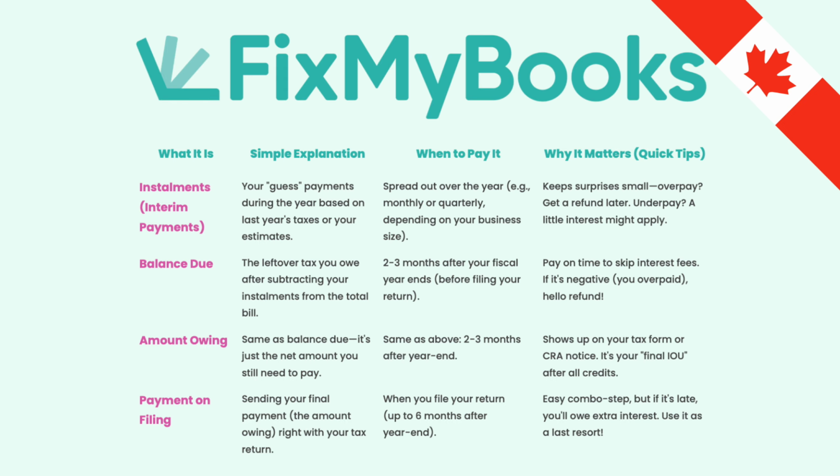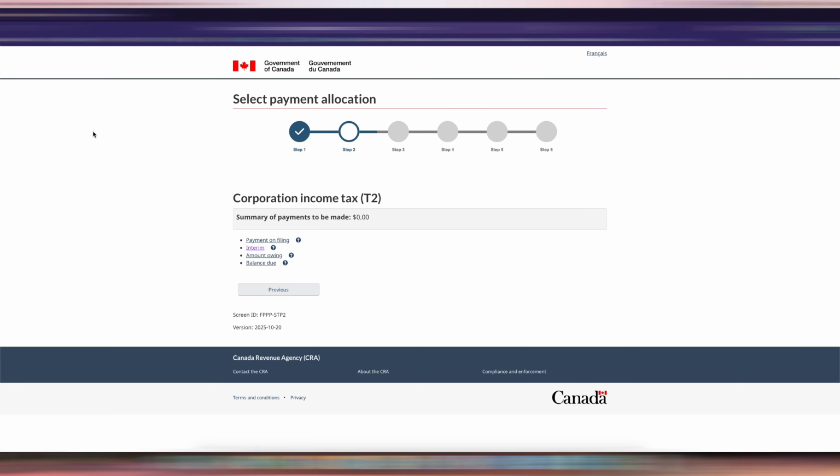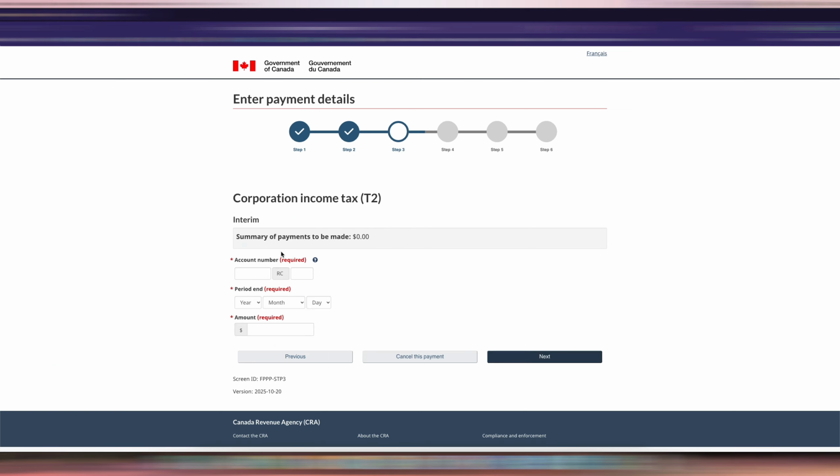So with that being said, I know it might be intimidating, like, oh my gosh, there are all these different types of ways to pay the CRA. But really, don't be scared, okay? No matter what option you choose, even if you go to interim, it will go to your CRA business number. And even if you mess up the period end, like it goes to 2025 instead of 2024, don't be scared because you can always transfer payments to the correct year.